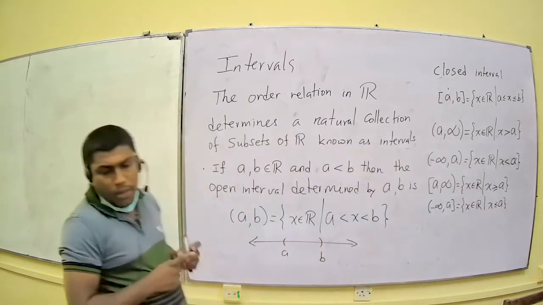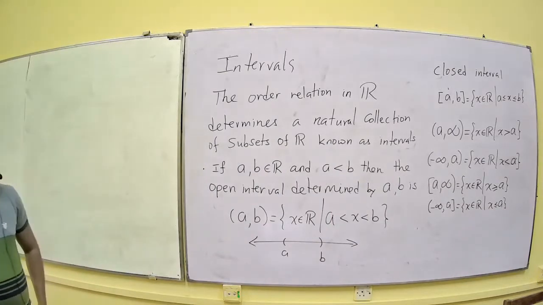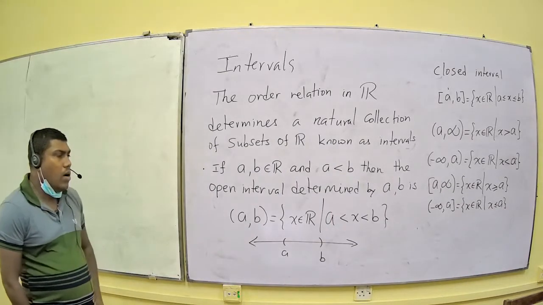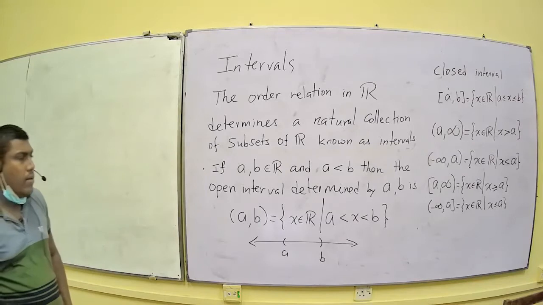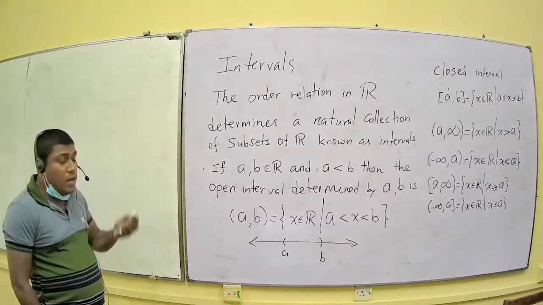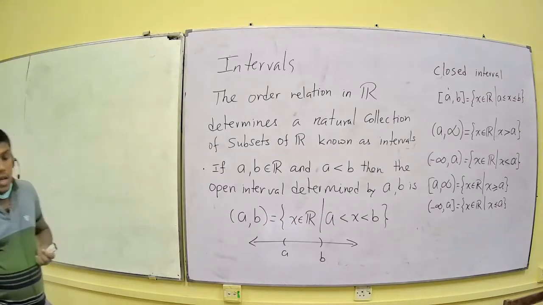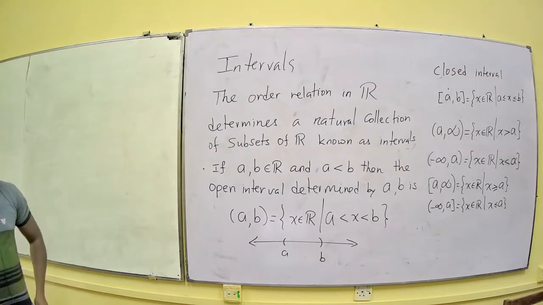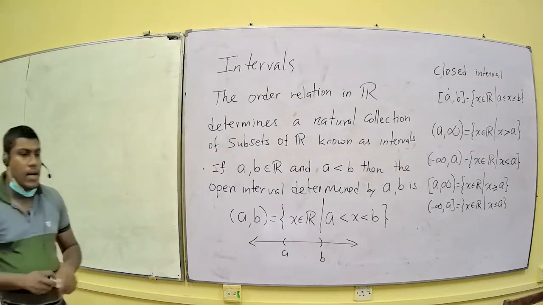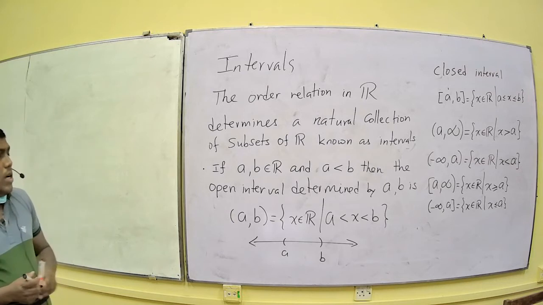So these are also possible. You can have closed on one side and open on the other side. But whenever you have infinity, the interval should be open there. You cannot have a closed interval at infinity.